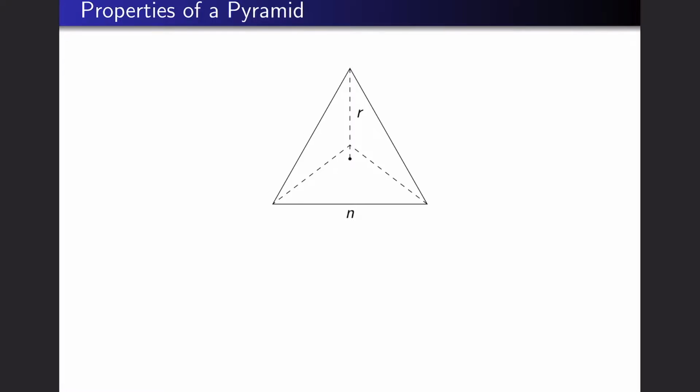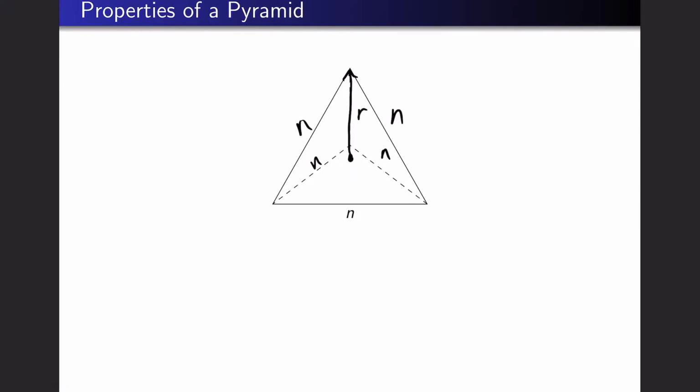Since all of these side lengths are n, and there's an n behind here too, but I don't want to write it because it might confuse you, this distance r, the radius that we're trying to find, is actually the midpoint of the triangular pyramid.